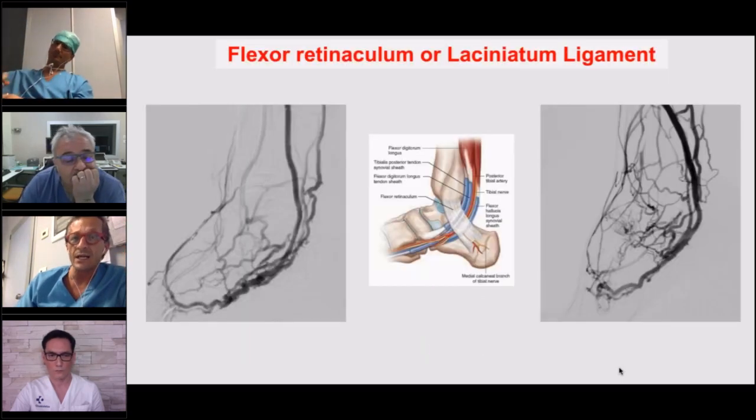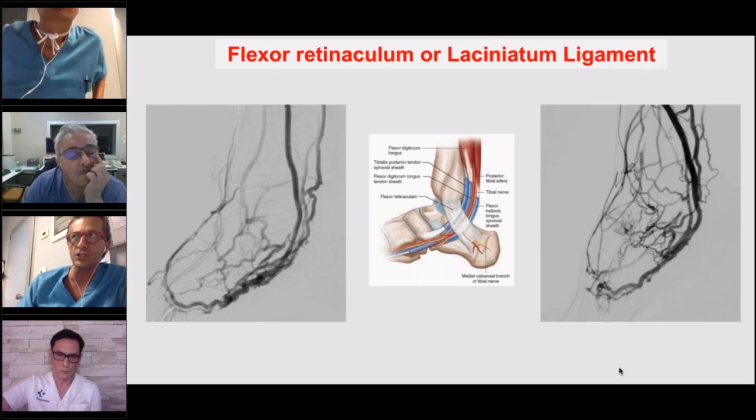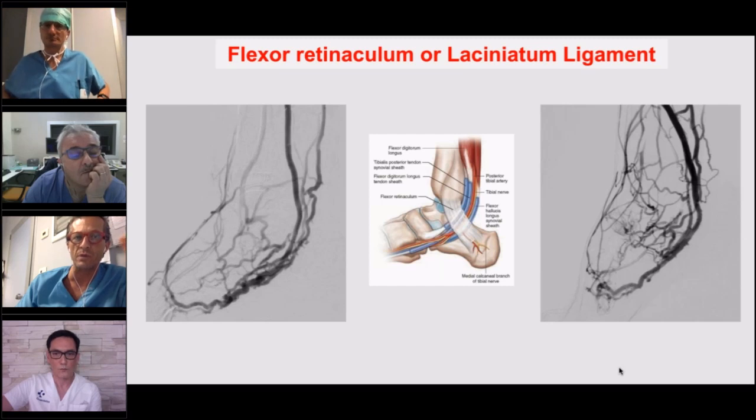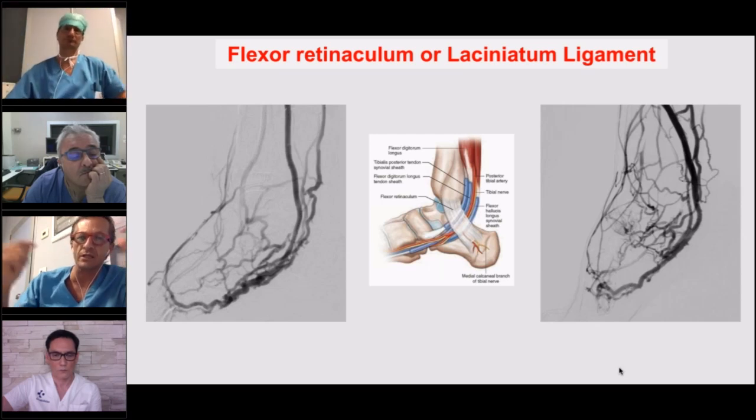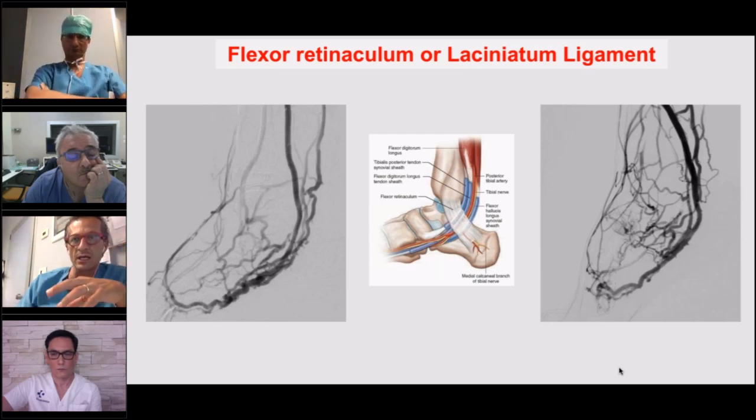calcaneal channel. The calcaneal channel is another very important issue to keep in mind, because at this level there is the flexor retinaculum, or laciniate ligament, the ligament that goes from the medial malleolus to the calcaneus. This ligament is the reason for a well-known compressive syndrome, the tarsal tunnel syndrome.